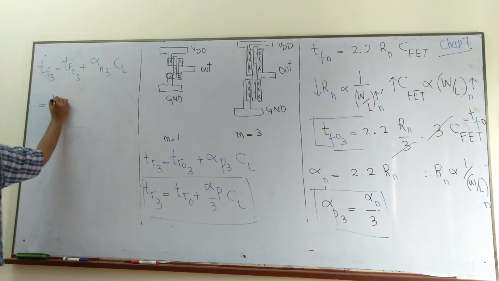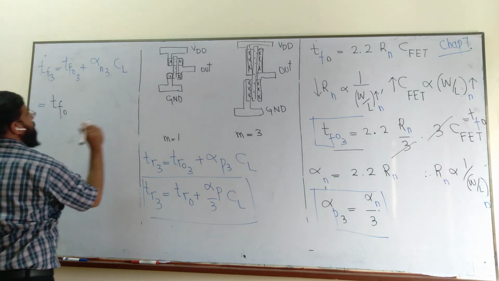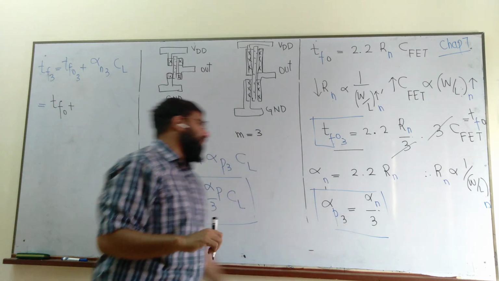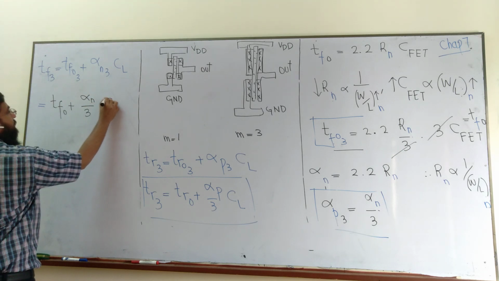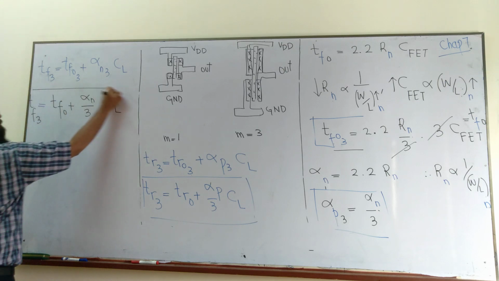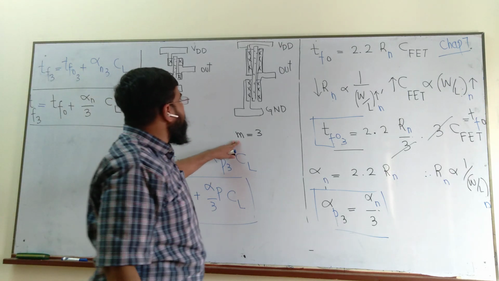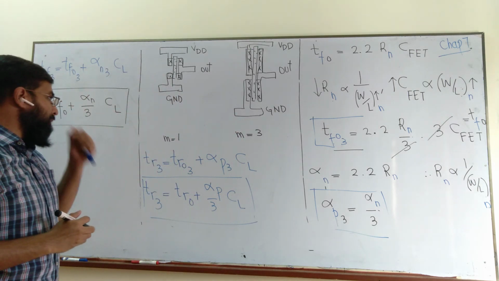The initial delay is the same as it was in the case of the NOT gate with m equal to 1, plus alpha n3, which is decreased by 3 times compared to the m equal to 1 NOT gate, times CL. So this is the delay caused by a gate which is 3 times in size compared to m equal to 1.